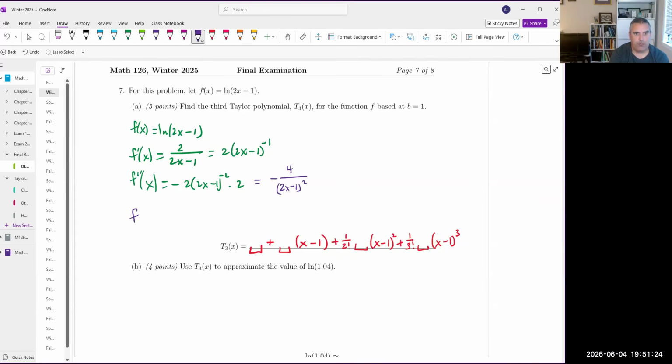And I need one more. The third derivative is, I'm going to make this 4 right now, just so it's easier for me to look at. The negative 2 comes down, it's going to be 8 (2x minus 1) to the negative 3 times the derivative of the inside. So this is going to be 16 over (2x minus 1) cubed.